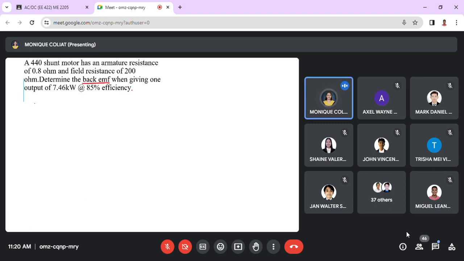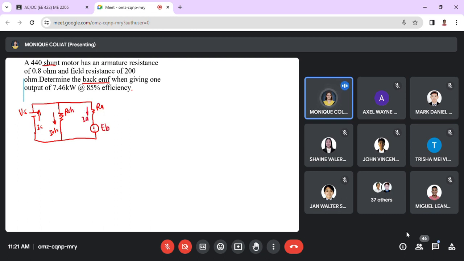Shunt motor: VS, IS, ISH, RSH, RA, plus minus.